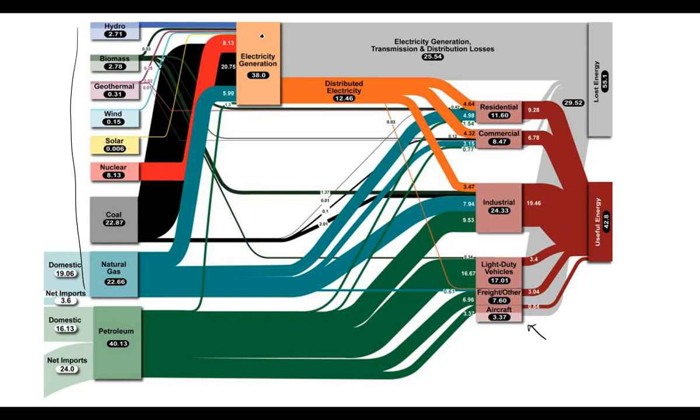Same thing with the electricity, right? The electricity is being distributed to these areas, but then there's a lot of waste heat as a result of generating electricity, heat that has to be released in the environment. We talked about that in our last lecture.